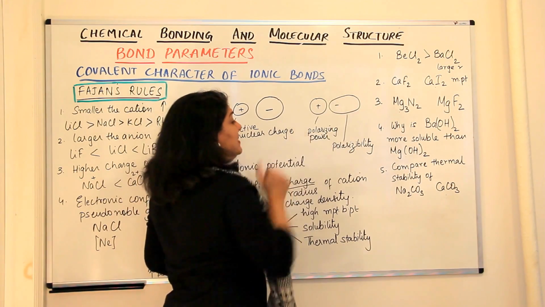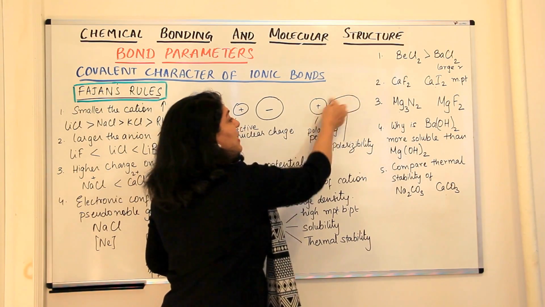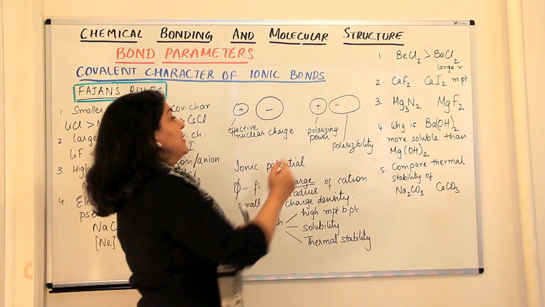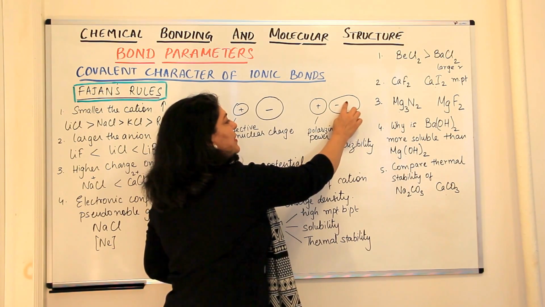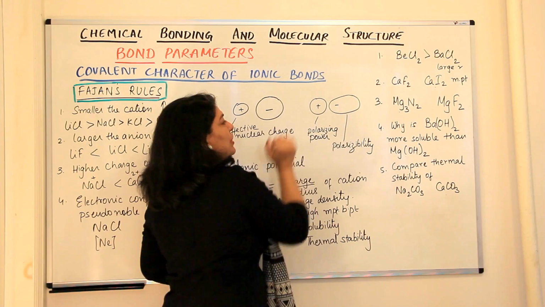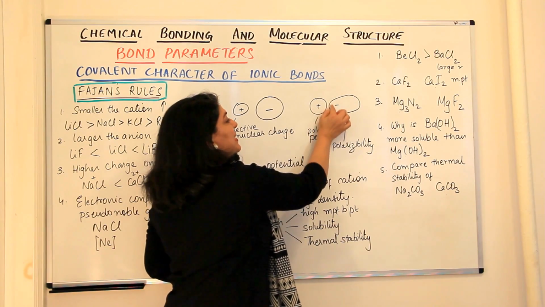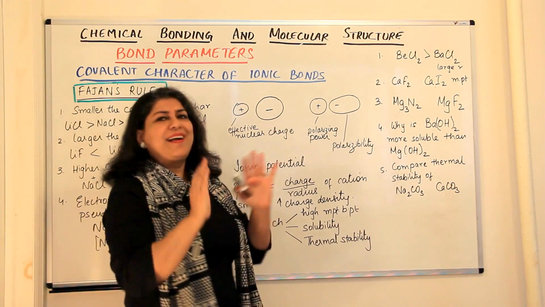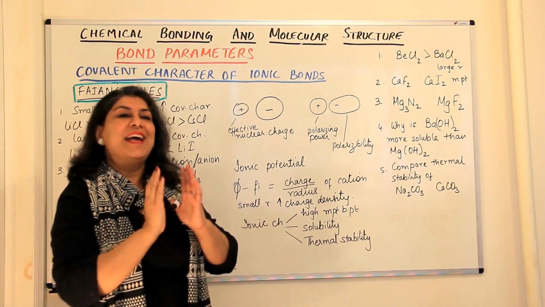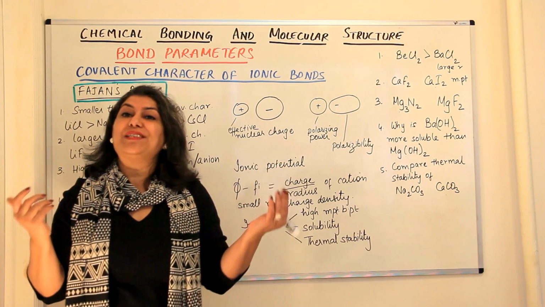And when it polarizes, the anion becomes distorted. If you imagine the nucleus of the anion is here and the nucleus of the cation is here, these negatively charged electrons which are pushed towards the cation kind of start acting as if they belong to both the atoms.